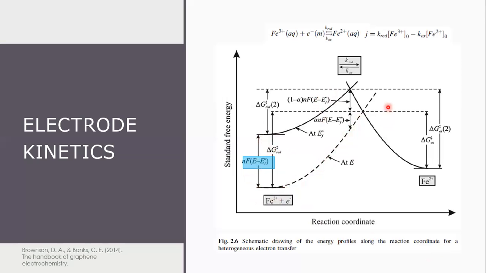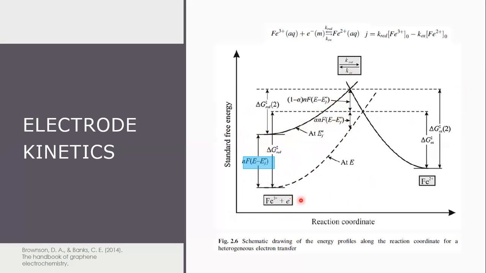shows the energy of the reactant where the potential is zero. But as you apply the potential, the energy of the system changes, and it's dependent on the transfer coefficient as well as the number of electrons being transferred, and the energy barrier you see over here decreases as you apply the potential.